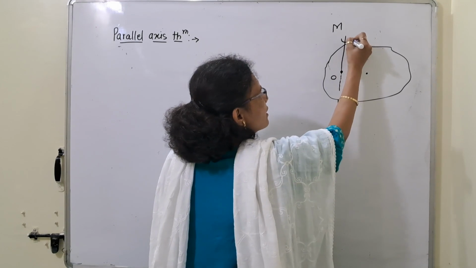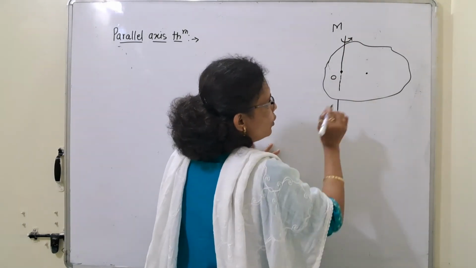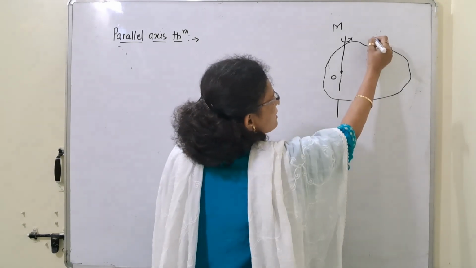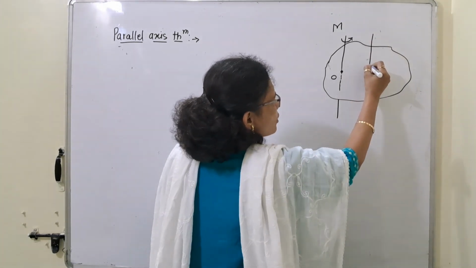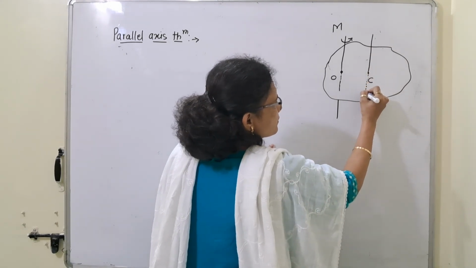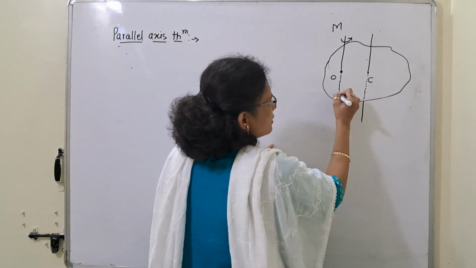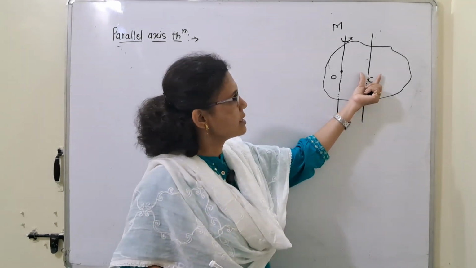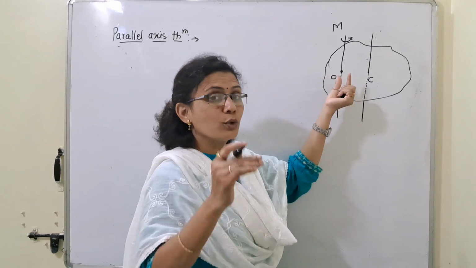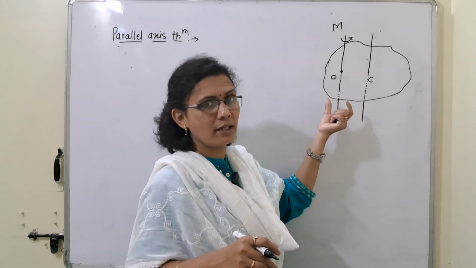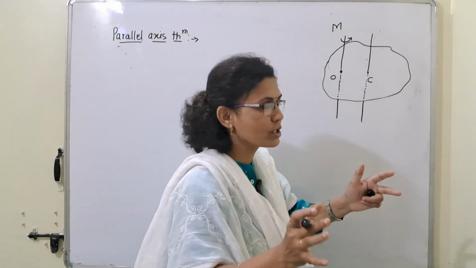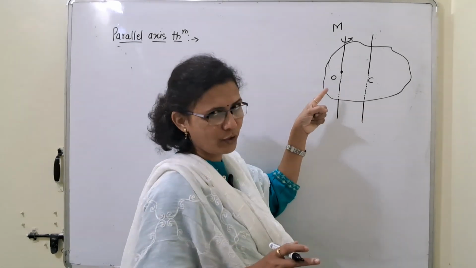Okay, so this point is O. This point is the center of mass. Another axis we have to consider is the one passing through that point C. So this is point C, that is the center of mass, and this point O is the point through which one axis is passing. About that axis the body is rotating. We have to find the moment of inertia about an axis passing through this point O.